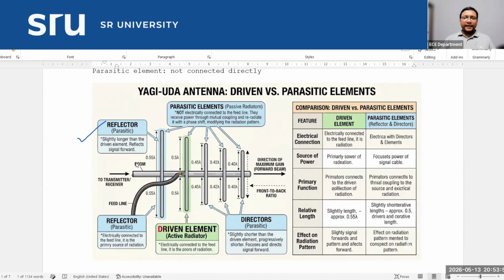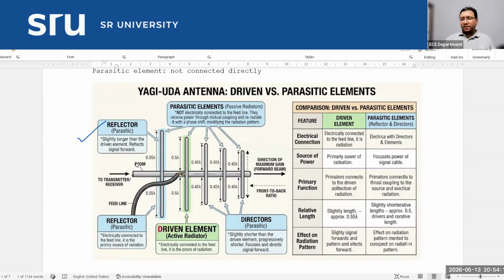They get the power from the radiating element. Directly they are not connected to the antenna cable, but they get the radiation from the main element, or driven element. This is called that in antenna engineering, and they help in modifying the radiation pattern.